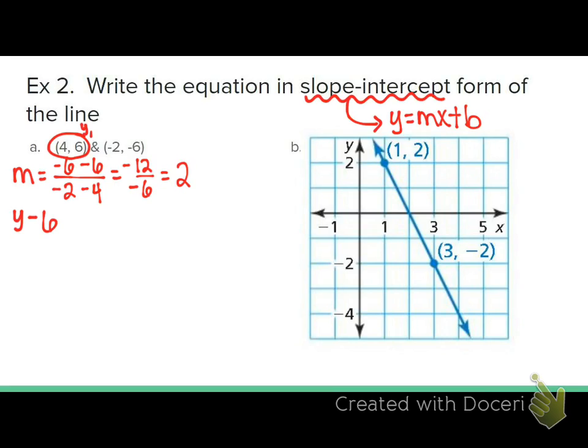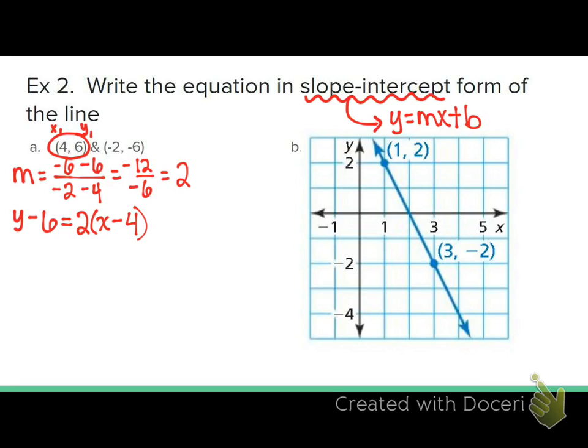So remember, this would be your y1 equals, what comes after the equal sign? M, so that would be 2 or 2 over 1. And then those parentheses open. X minus 4. So this would be my x1 that I'm plugging into that formula. This is point slope form.